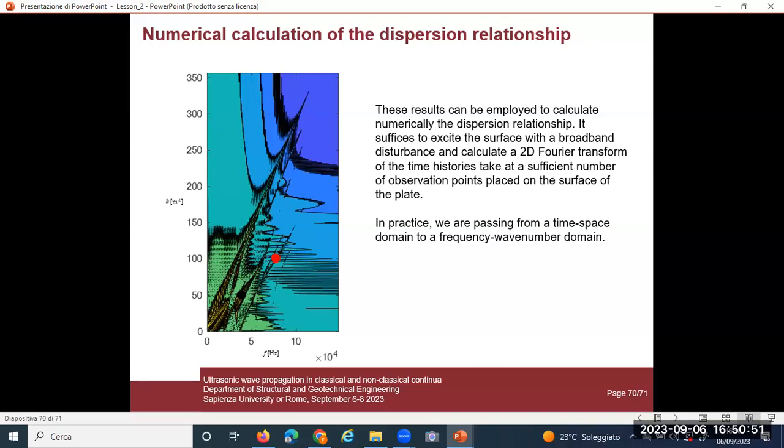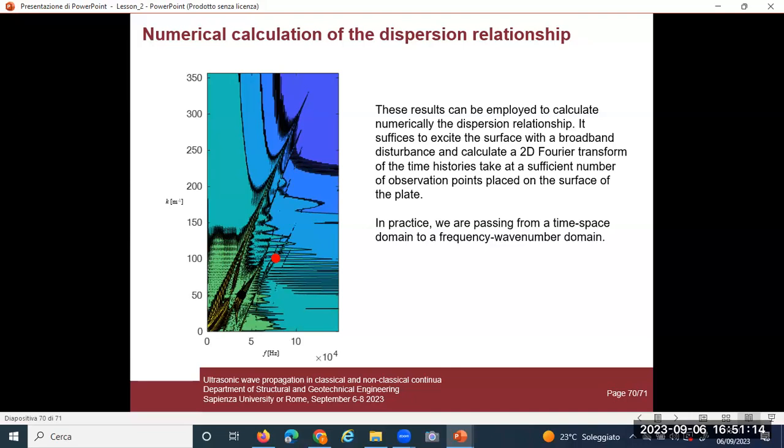I record on the surface the response, the time histories of the response, and then I get here the list of solutions in time and space. Then I do a two-dimensional Fourier transform, and I get that.